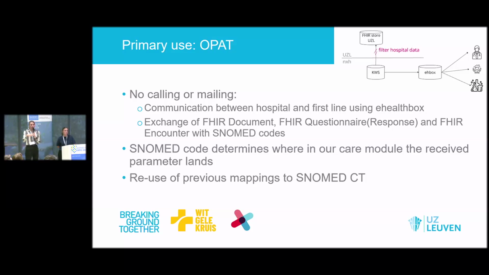They land in our care module, and we can do clinical decision support, saying the temperature of that patient was alarming yesterday. Maybe you need to call, or maybe you need to ask the patient to come back to the hospital. And so everything goes automatically, and this is also because of the SNOMED codes that we mapped previously, because those SNOMED codes determine where in our EHR the parameter lands.